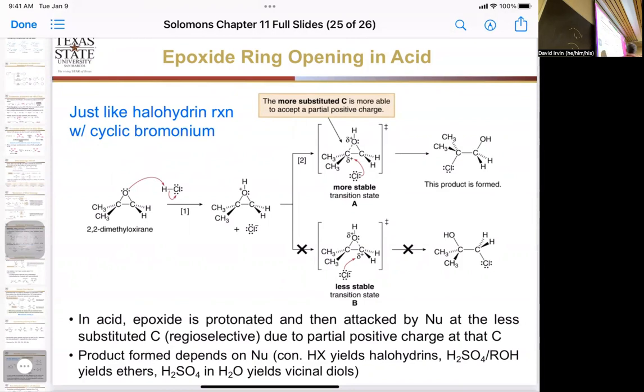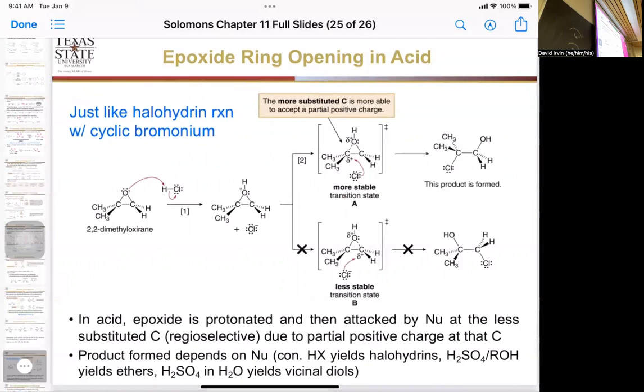In this case, we now have 2 different carbons. One carbon's tertiary and one carbon's primary. What it's going to do is make the tertiary carbon more partially positive, because we have a positive charge on oxygen.